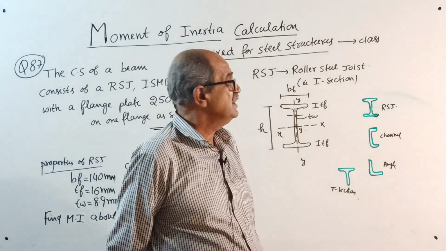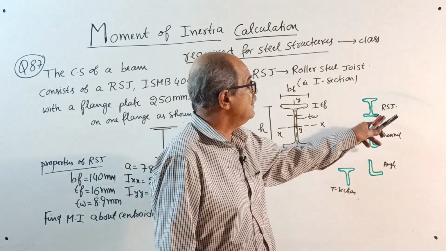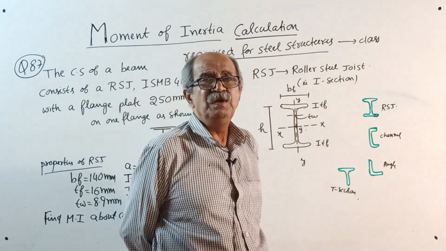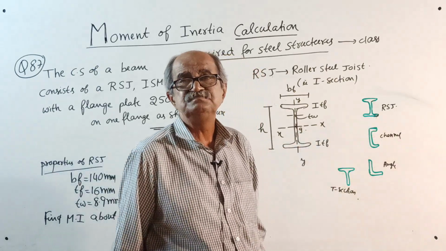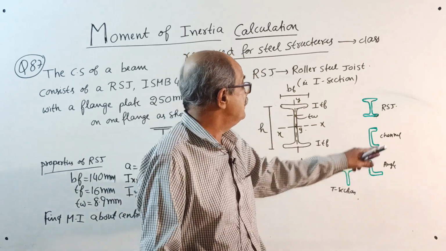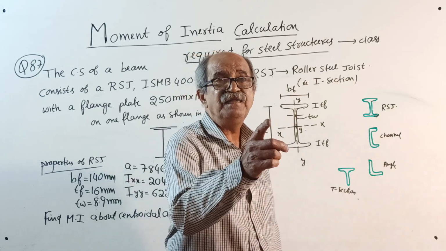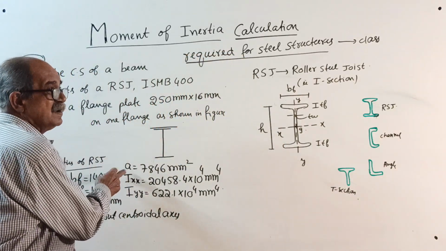So if a question comes like this with no details given, you divide into rectangles. We have done it earlier. But in steel structures, we don't divide. Even for academic examinations, sometimes such questions are given, but they will give these properties in the question paper.